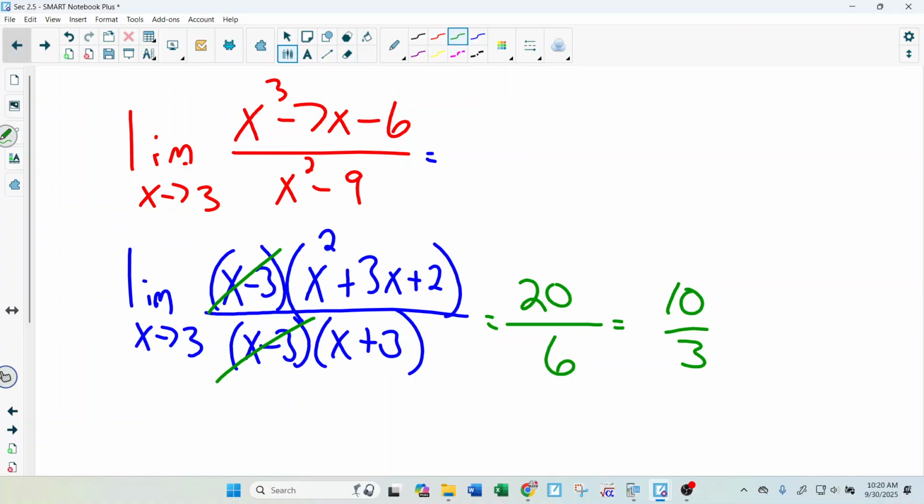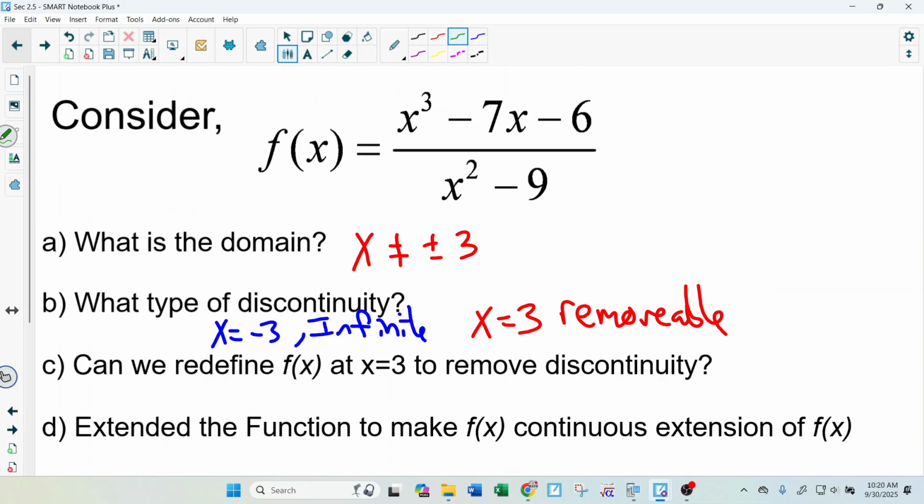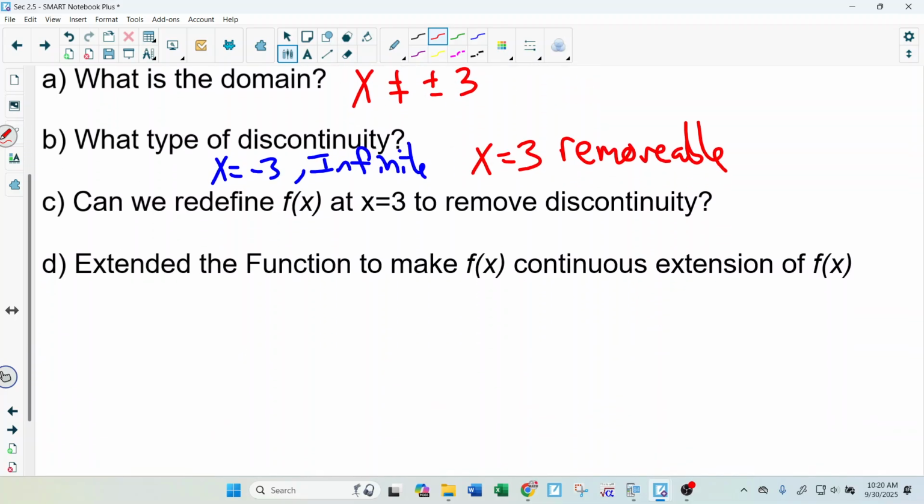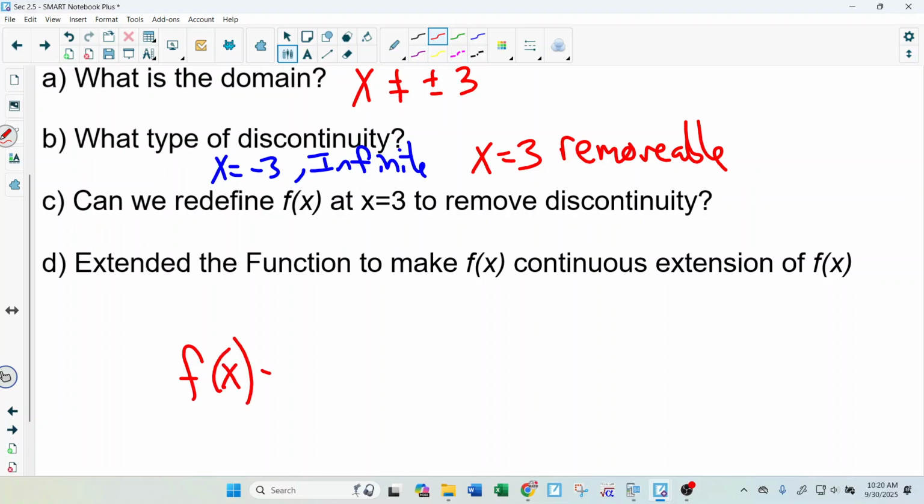So, can we redefine it? Yes, we can. And so they call this the extended function, and here's what we're going to do. We're going to say, let's redefine f of x to be this.